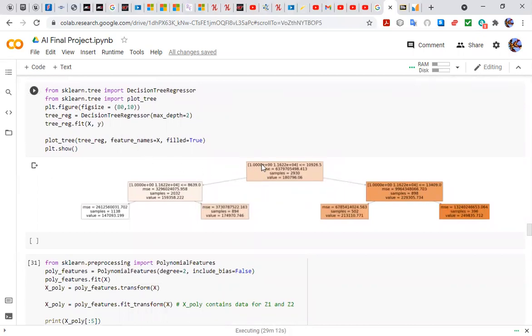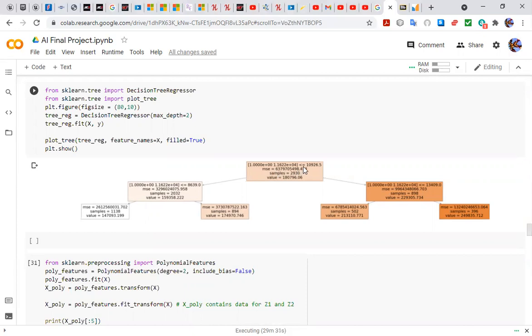So basically you have two different values here. I guess this is the decision tree for the lot area and the sale price. The X value is the lot area.